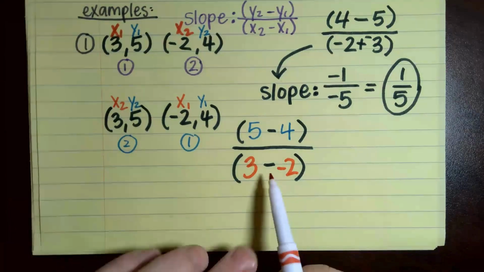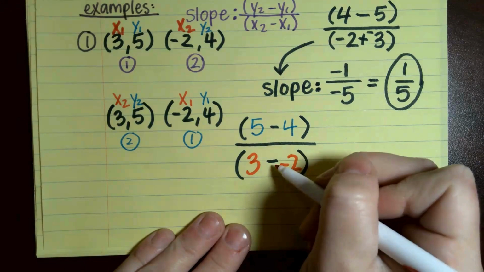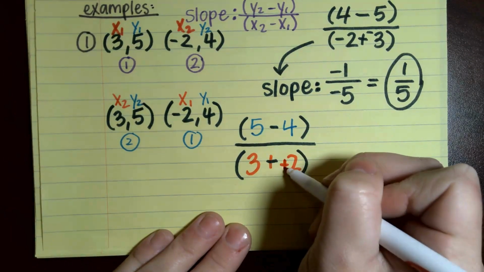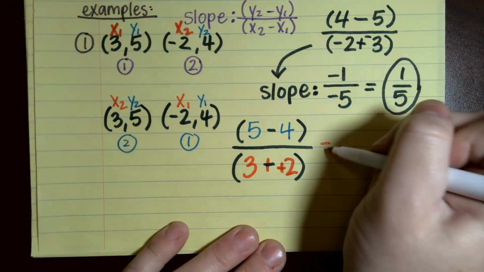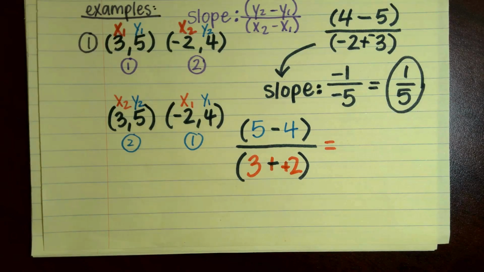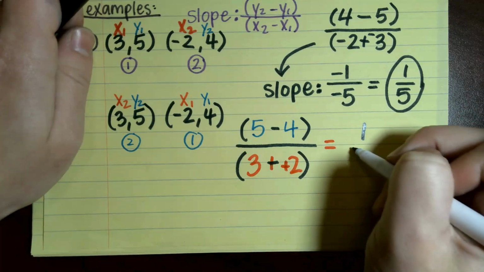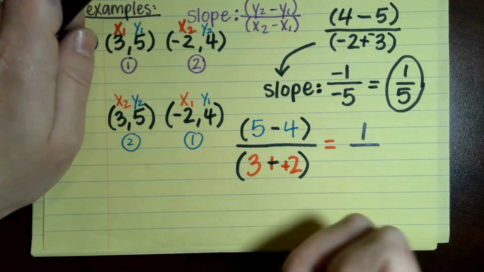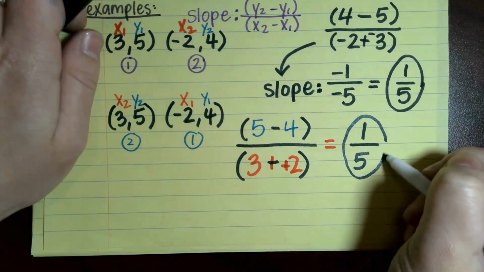And remember, if you see two minus signs by each other, we can put them together and make it into an addition problem here. Okay, so now let's just solve the top and the bottom. What's 5 minus 4? 1. And then what is 3 plus 2? 5. You see that, guys? We got the same answer.